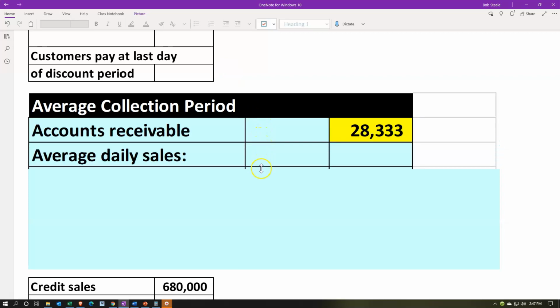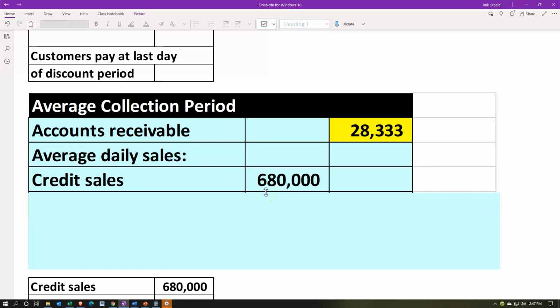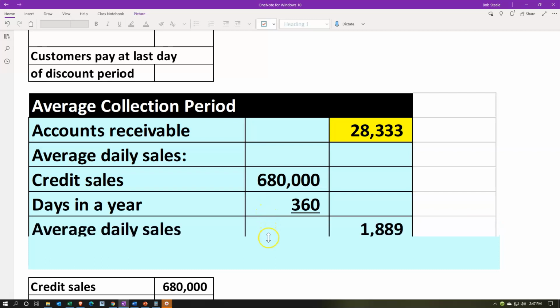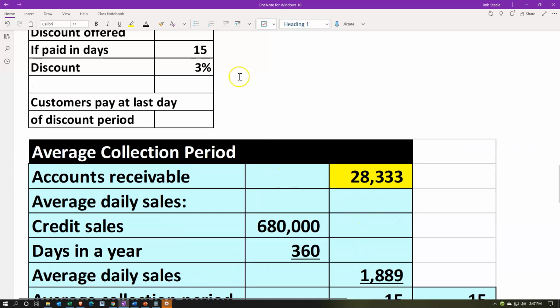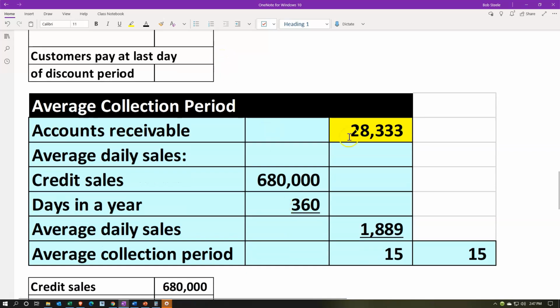That would be the accounts receivable, the unknown, that's why it's yellow, divided by the average daily sales, which is the 680,000 divided by 360, or once again, that 1,889 that we have here. So now we have X divided by the 1,889 about gives us what we now assume to be 15 as opposed to 60, because we expect everyone to be paying us within the discount time period.